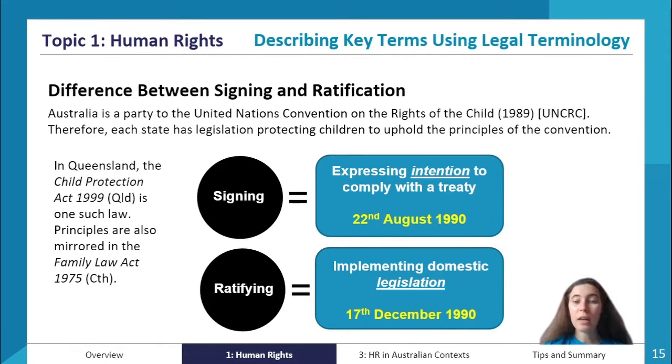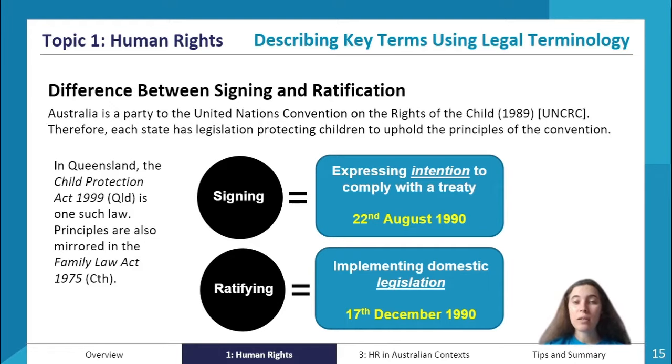So, signing is that idea of expressing the intention to comply with the treaty. And for this example, that happened back in 1990 in August. But then implementing the domestic legislation to ratify the treaty didn't come until December of that year.